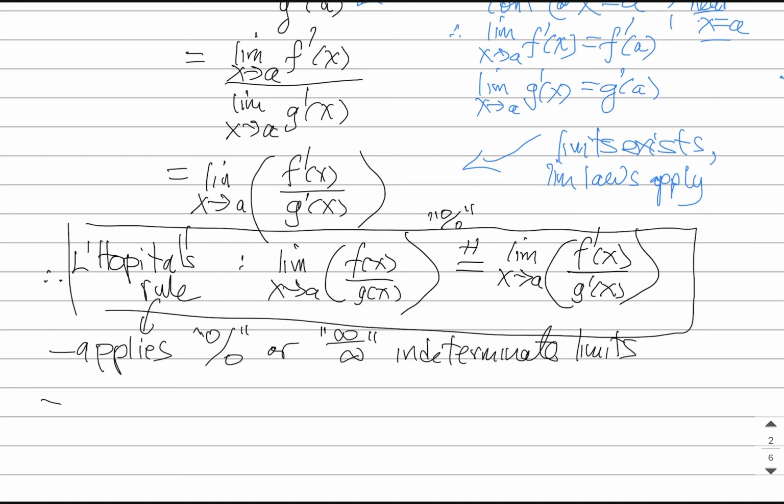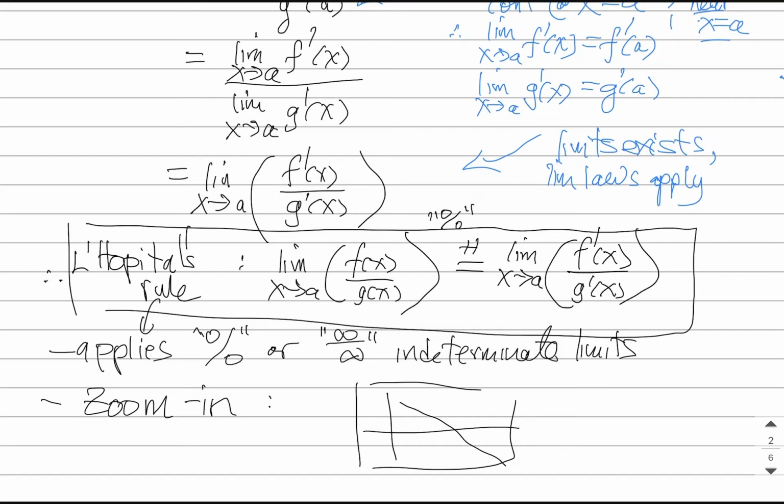And it's kind of reasonable. Remember that if we have differentiable functions, when we have two functions, let's say that their limits are going to 0 over 0. So if I have two functions like this, f and g, and both of them approach 0 at this location a, if I were to zoom in there, the closer I get to a differentiable function, the more and more they look linear.